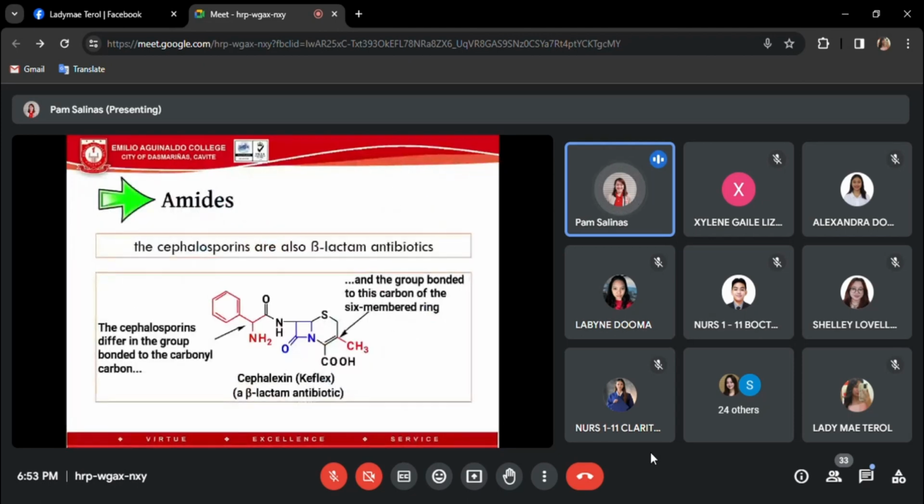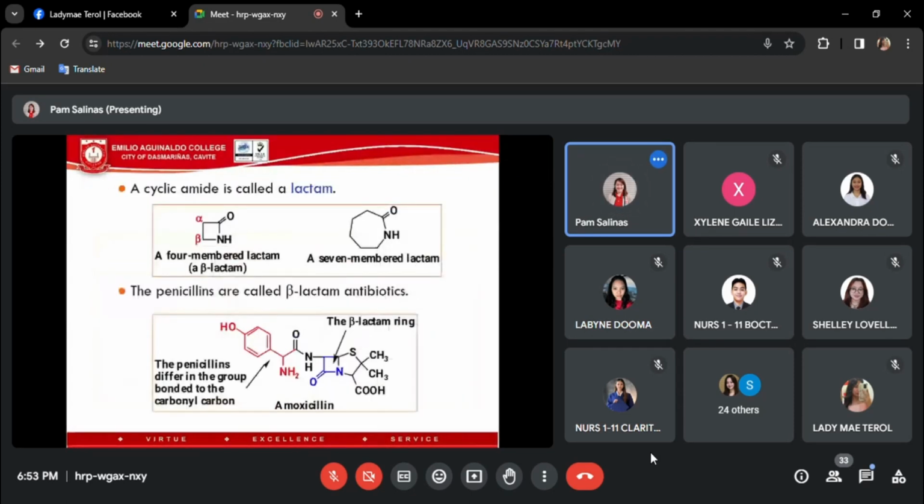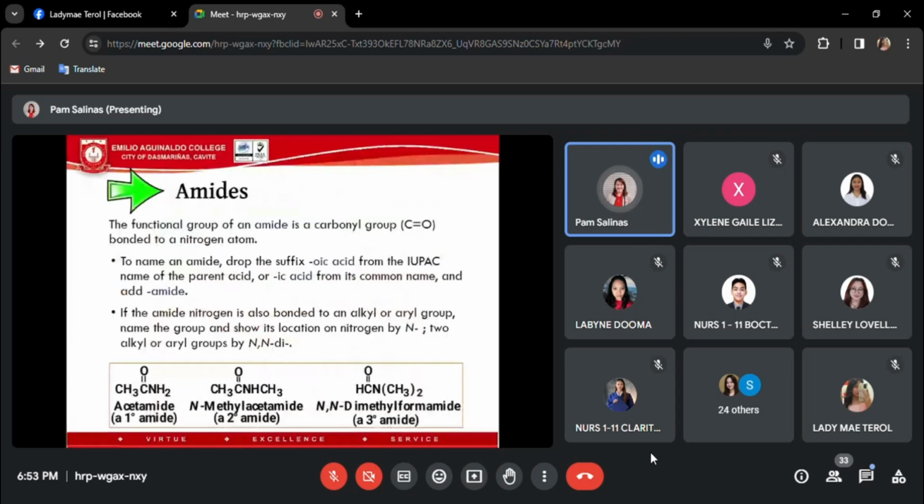Okay, so those are the three carboxylic acid derivatives. Let us go back now dito sa N, and N,N. Okay, we use N when the substituent is only one. Okay, one alkyl or aryl group. So, why is it N lang? Kasi, tignan nyo po, we have CH3, double bond C and H. And then we have CH3, only one methyl.